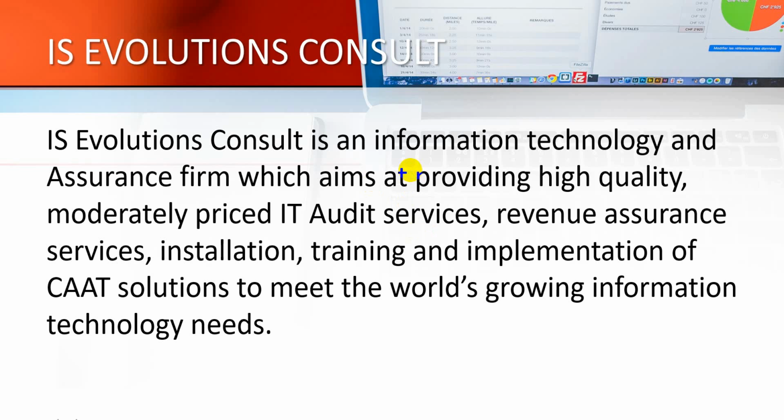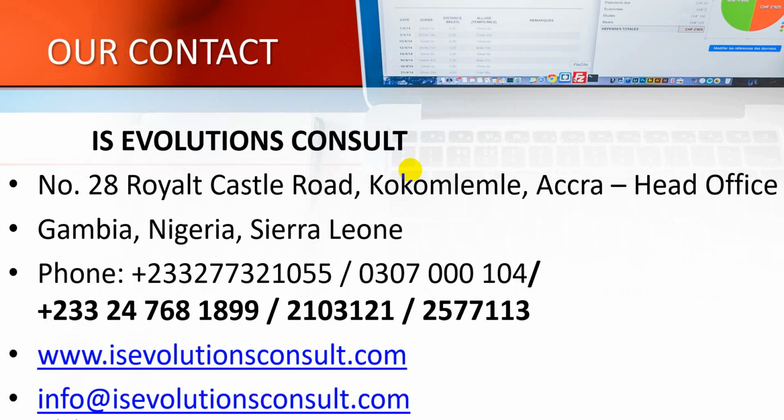The main focus of IS Evolution is to provide assurance to organizations by providing moderately priced IT audit services, revenue assurance services, and implementation and training of CAT solutions, which the main focus is on Arbutus data analytics. And they are located within Ghana and the West African sub-region: Ghana, Gambia, Nigeria, Sierra Leone, with their various contact details.